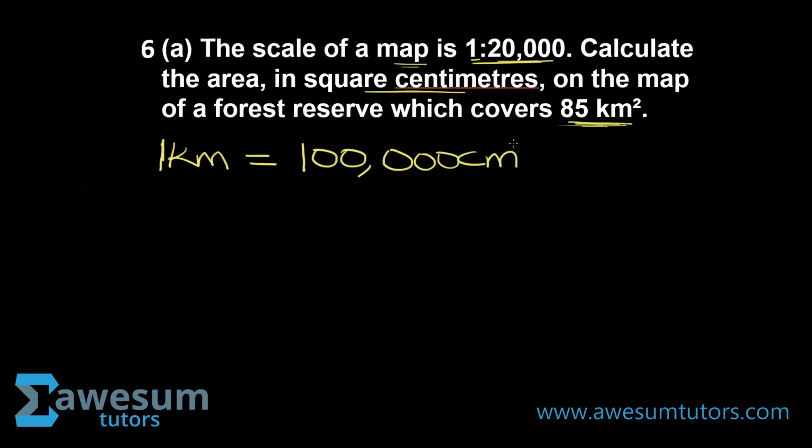Now, but we are interested in square, kilometer square. So what you can then do is, since this is 1 kilometer, to make it square, you can say 1 kilometer times another 1 kilometer.